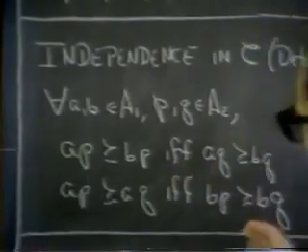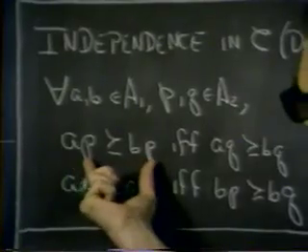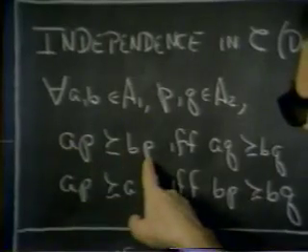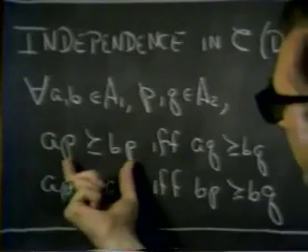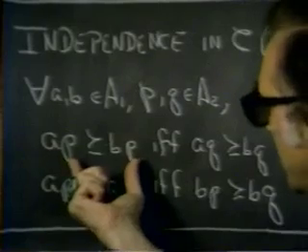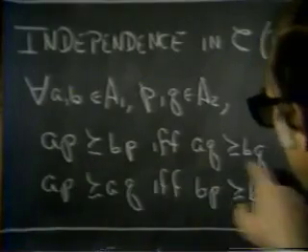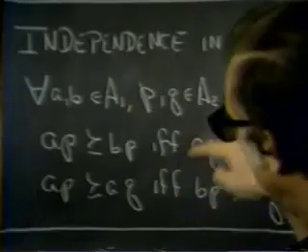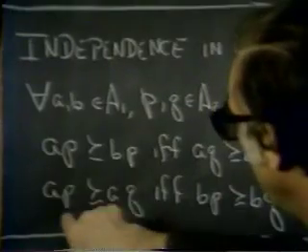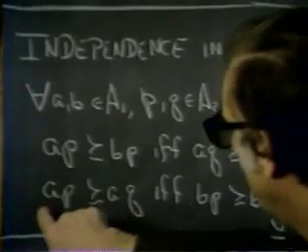And it says the following, that if I look at an inequality in which the same second component holds, A and B are different, but the P is the same in the second component, then it doesn't matter what common value from the second component I put there. That the inequality will remain in the same direction if I replace the P in both places by the same element, say Q. That's the independence of the first component from the value in the second component, and the second line here describes the independence of the second component from the value in the first component.